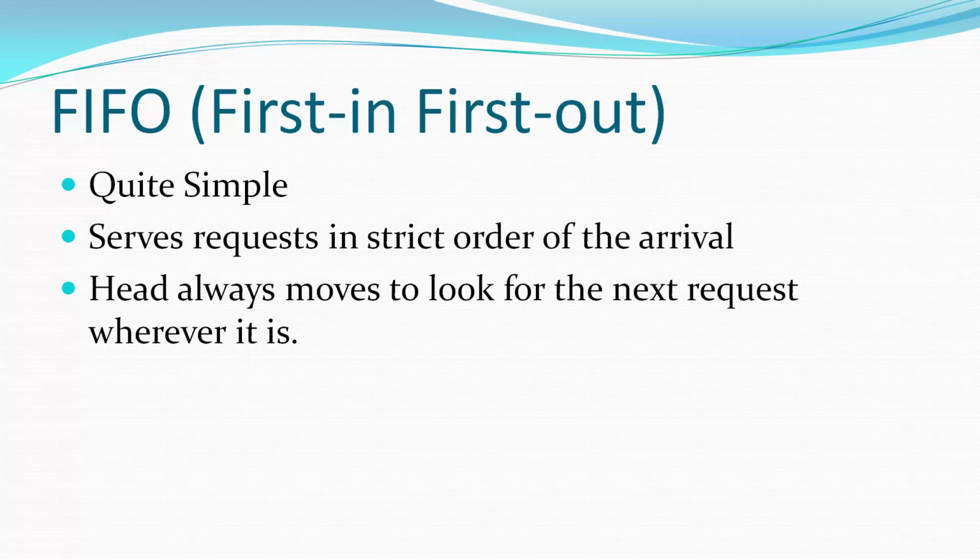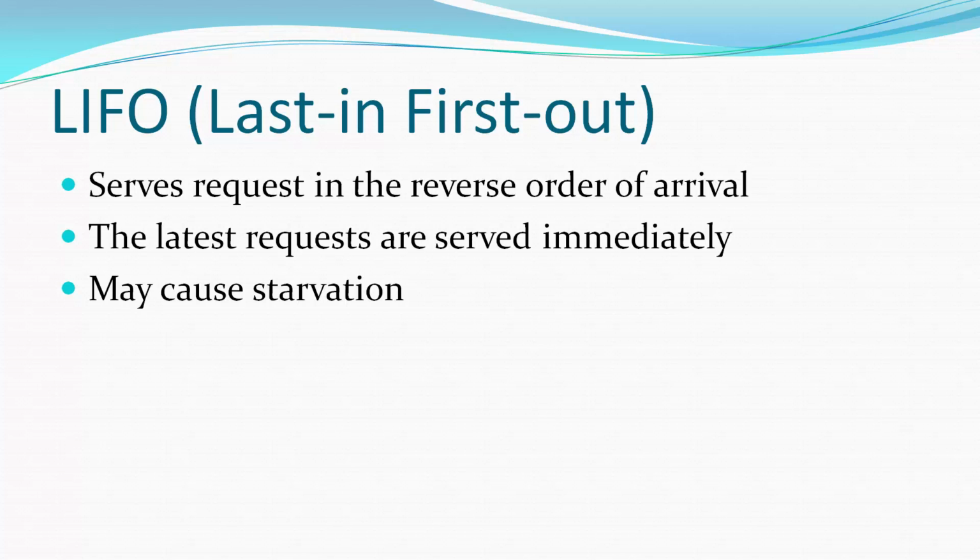So the first one we have is FIFO, which is first in, first out. It is a quite simple scheduling policy, and it serves requests in strict order of arrival, and the head is always moving to look for the next request, no matter where it is.